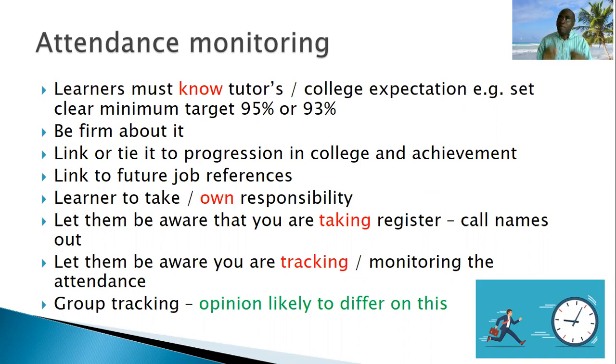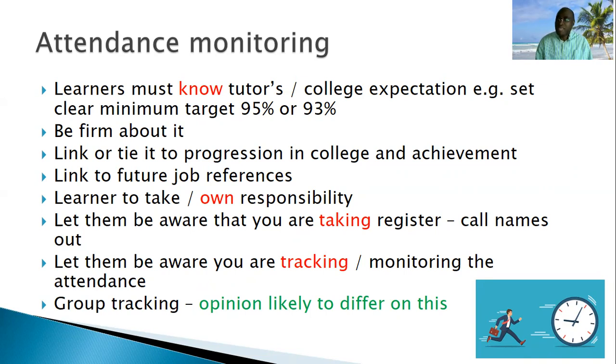There must be clear minimum targets set, and usually this is important at the beginning of the session. You may wish to set a target of 93% or higher than that, 95%, or even higher than that, 97%. The next important thing is to be firm about whatever clear minimum target we have set for students.